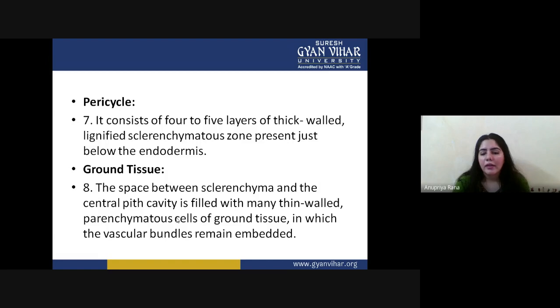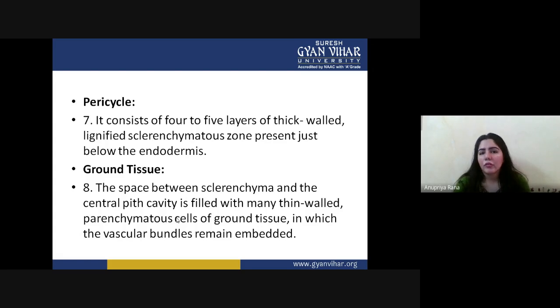Now the ground tissue is present in the space between the sclerenchyma and the central pith cavity, which is filled with many thin-walled parenchymatous cells. So the space between the pericycle and the pith is filled by the ground tissue, and most of the time it is parenchymatous in nature. Why is this ground tissue present here?